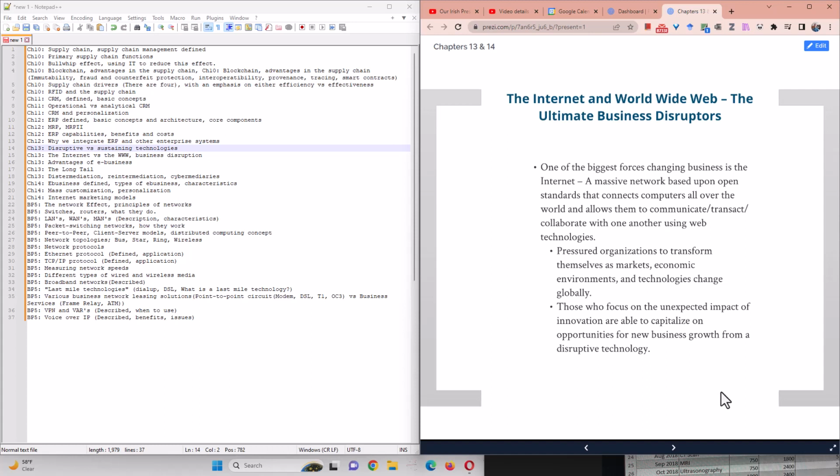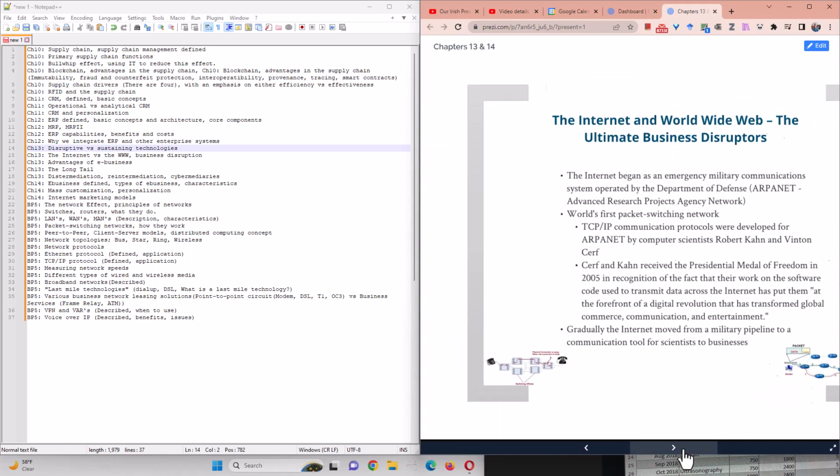With this infrastructure available in open standards, businesses could rethink and redesign themselves. Once some started doing it, it created inevitable pressure for the remaining organizations to do it.